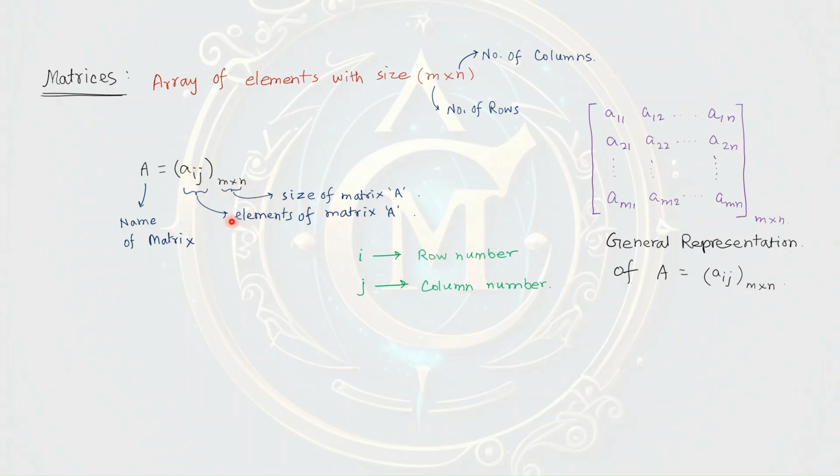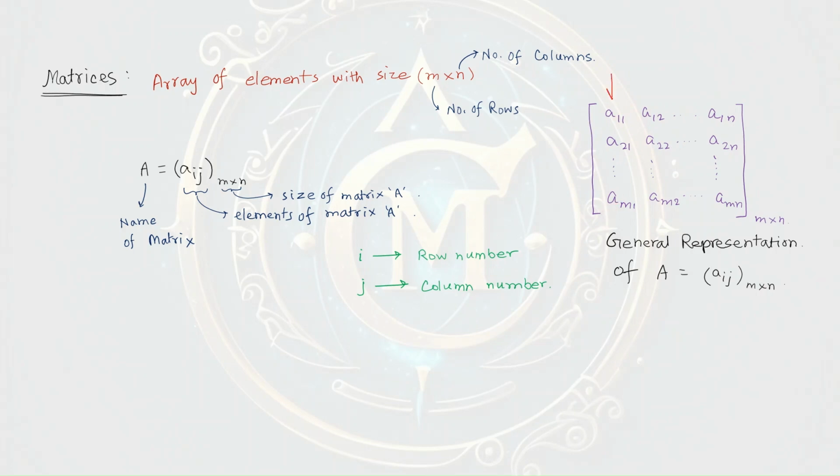Now this Aij denotes the elements of matrix A, where i is the row number and j is the column number. That means if this element is A11, it is in the first row and first column.